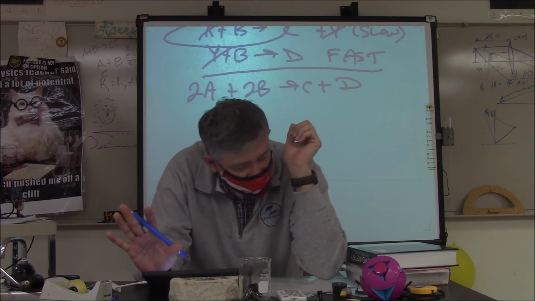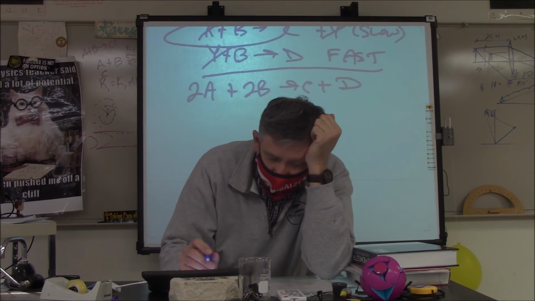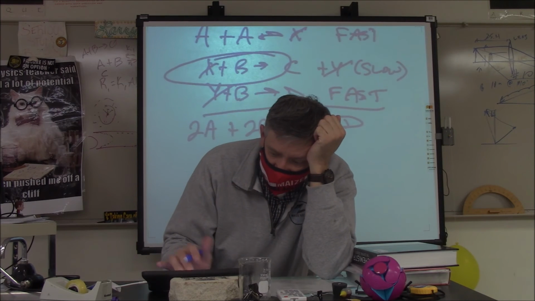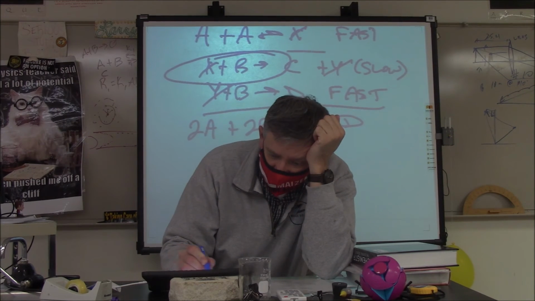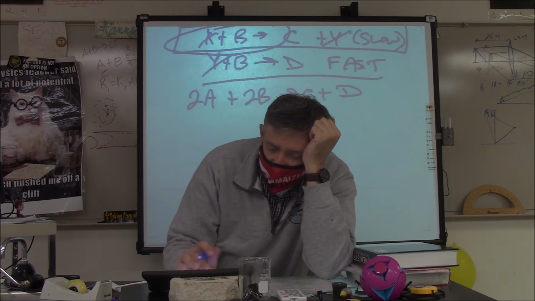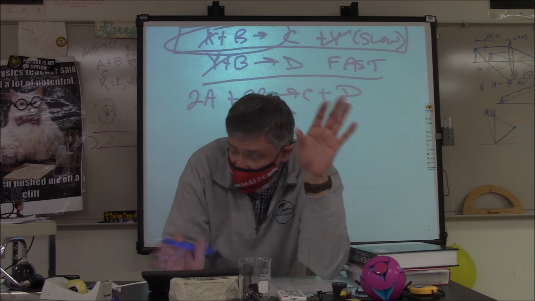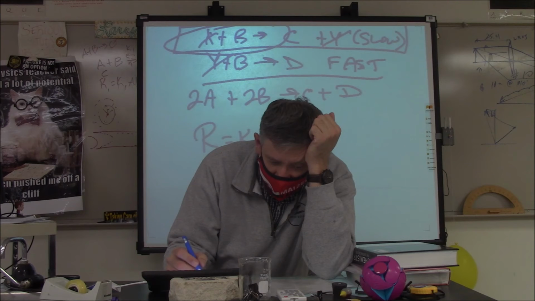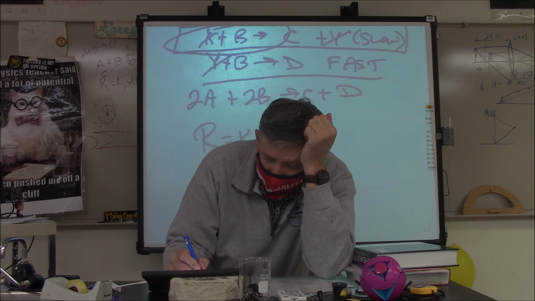So, here's what we've got so far. Since this is my slow step right here, if that's the only thing that's happening, then the rate of this reaction would be written as K times X plus, oh, I screwed that up. Hold on, not X plus.